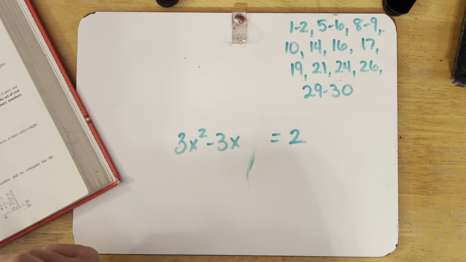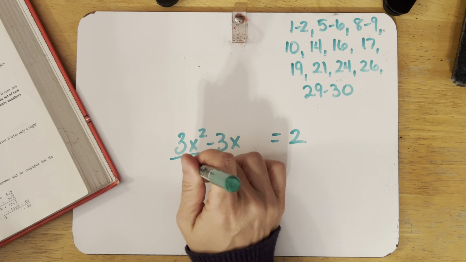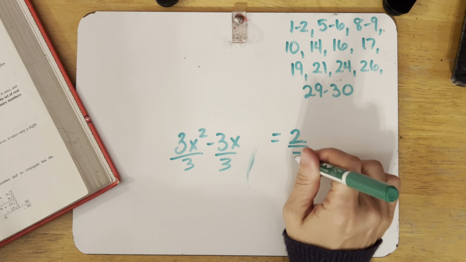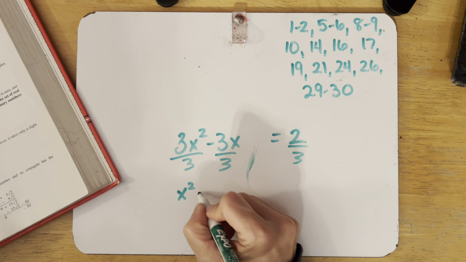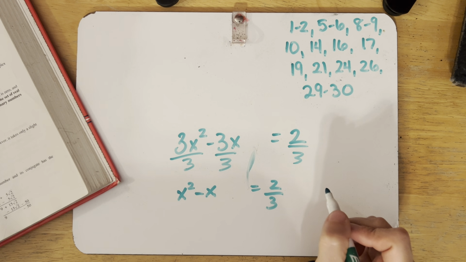Okay, remember these, getting that set up? Okay, now I can't have a variable with the x squared, so I've got to divide everything by 3. So now I have x squared minus x equals 2/3.